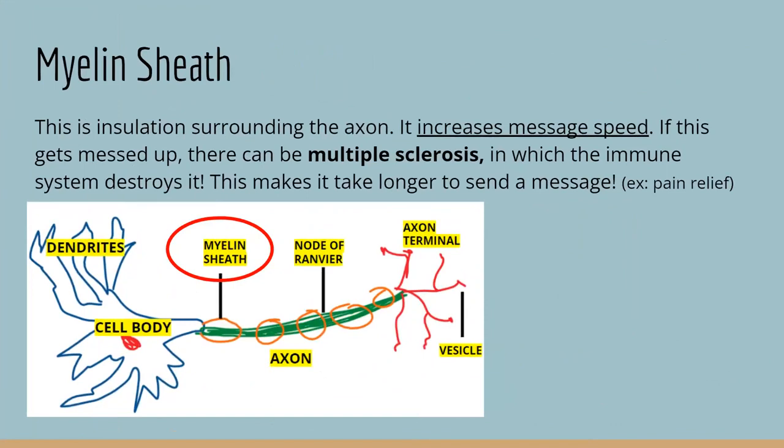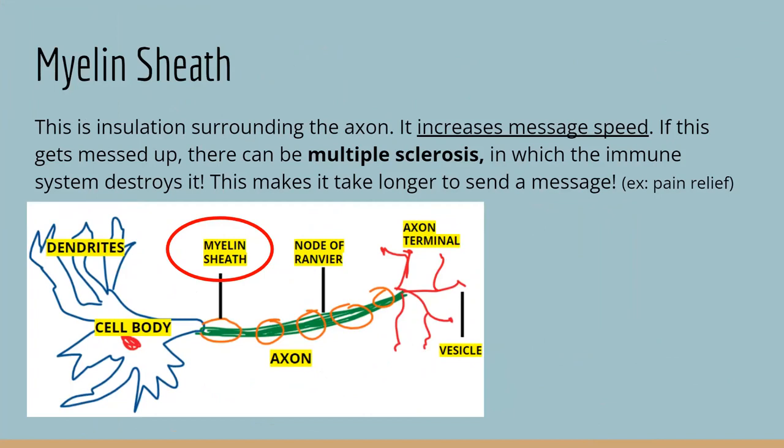The myelin sheath is insulation. It's around the axon. It protects it, and it also increases message speed. If this gets messed up, there can be multiple sclerosis, in which the immune system destroys it. That's a disorder that there can be, and this makes it no longer able to send a message.